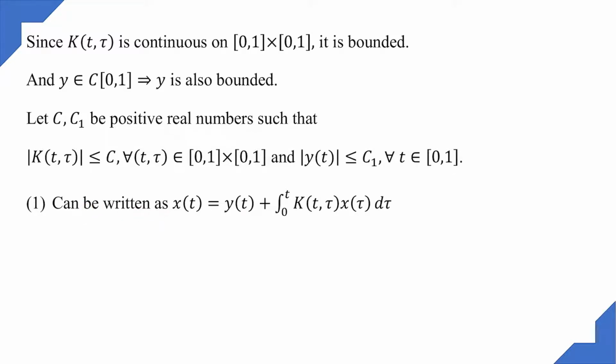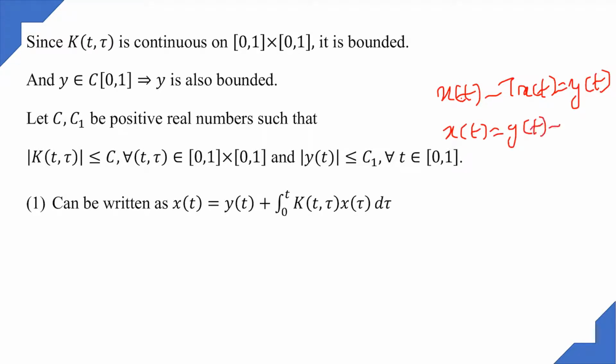Equation 1 is x(t) minus Tx(t) is equal to y(t). So we can write this as x(t) is equal to y(t) plus Tx(t), which is the integral from 0 to t of k(t, τ) x(τ) dτ.